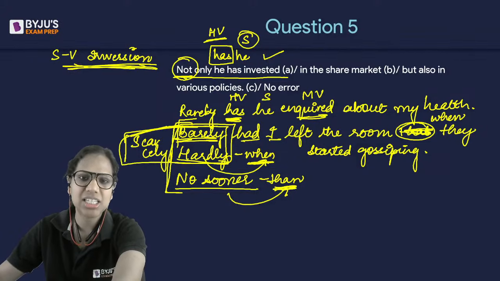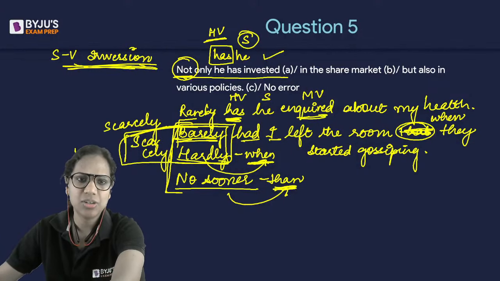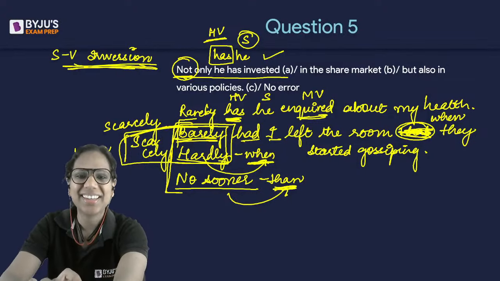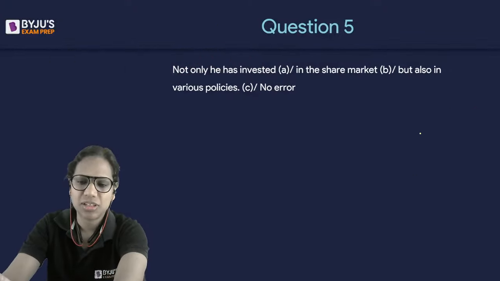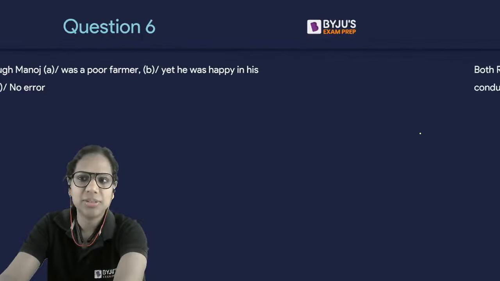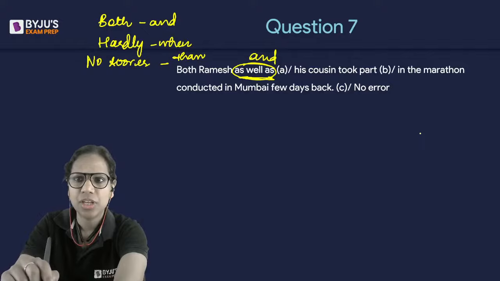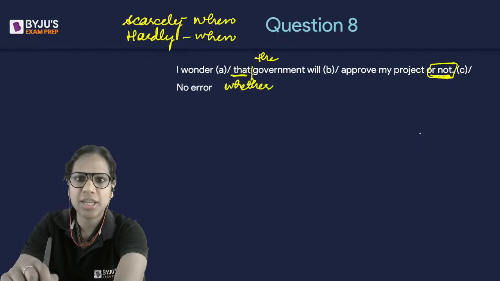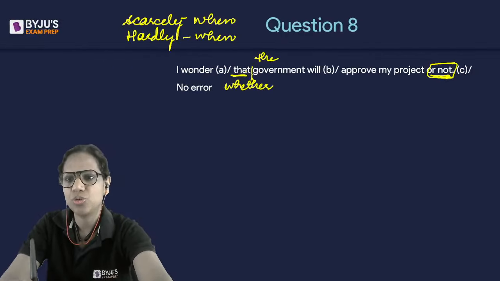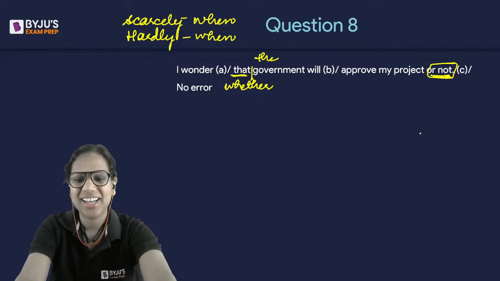All of these, scarcely, barely, hardly, सबके साथ क्या use होगा? When. ठीक है? All are followed by when. So this will not be that, this will be when. Okay? Because the meaning is the same. Scarcely, hardly, barely. So both Ramesh and his cousin. Okay, and this is I wonder whether the government will approve my project or not.